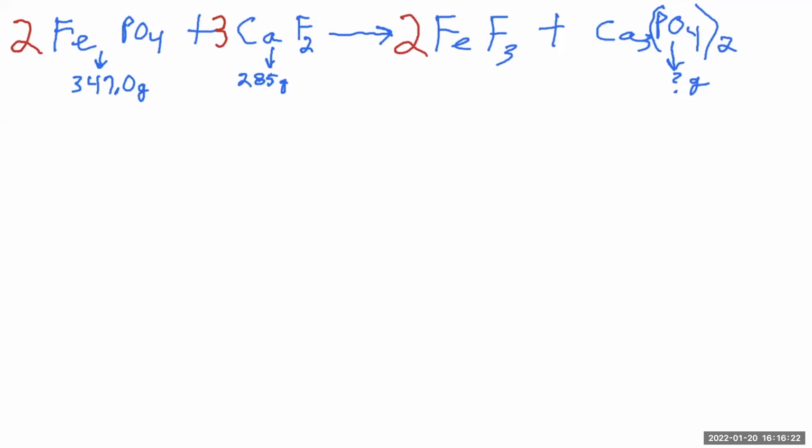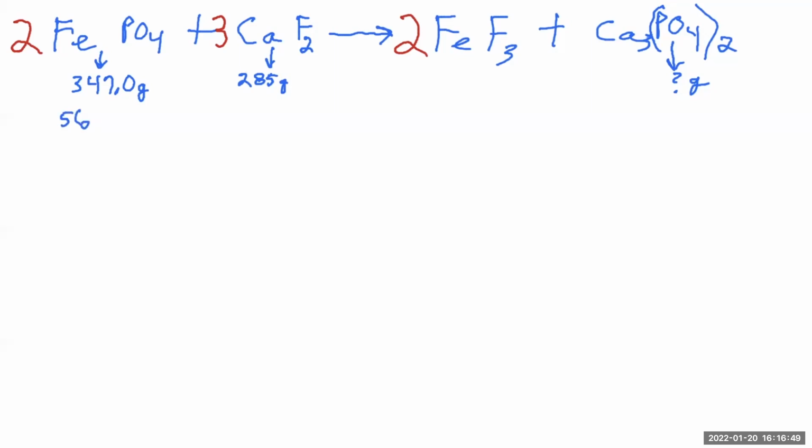So let's do FePO4. Iron weighs what? Let's look up the periodic table. Iron weighs 55.855. Yeah, let's just round it off to 56.